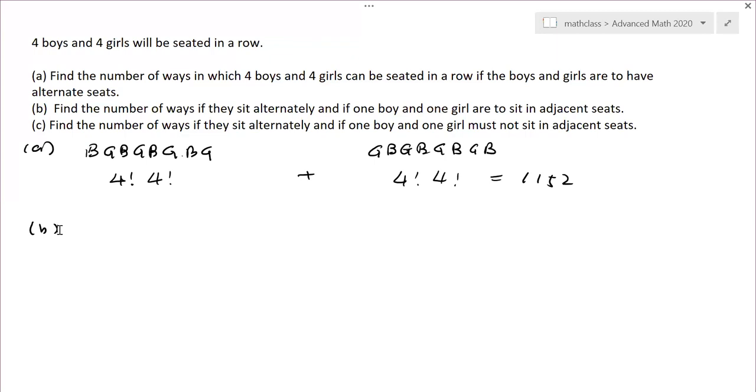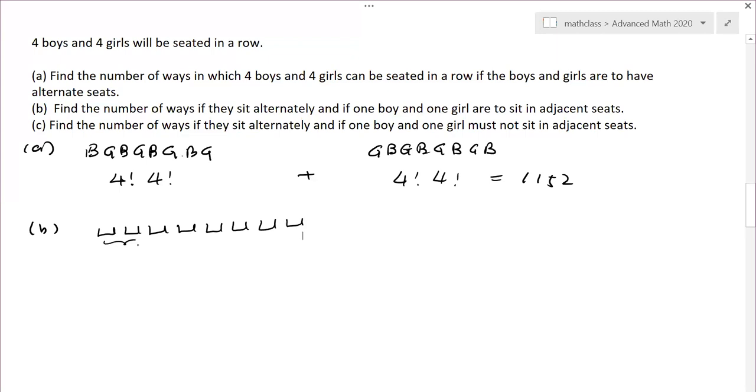Once their position is fixed, then you can do the rest of them. So we have seats 1, 2, 3, 4, 5, 6, 7, 8.